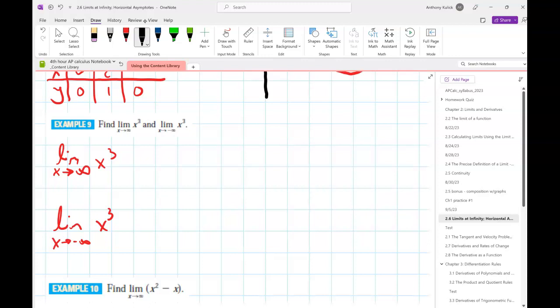My limit theorems for x going to positive infinity don't work for this, right? So what do you want to do? Make a table, sure. Or what else even? A graph, right?